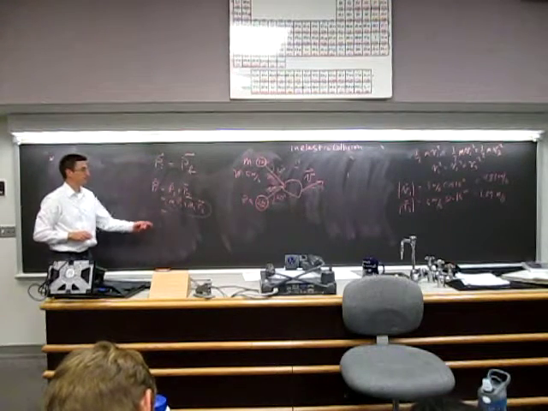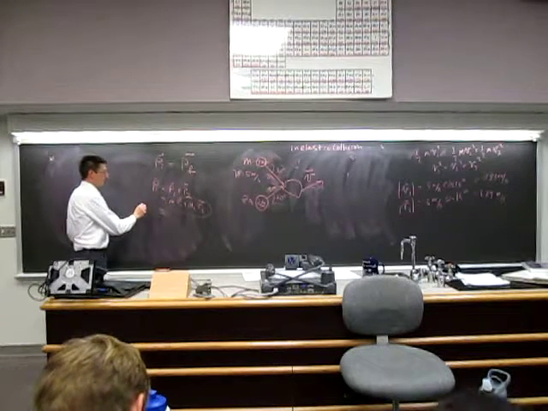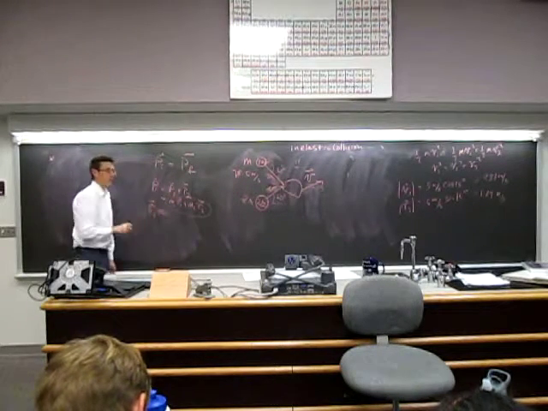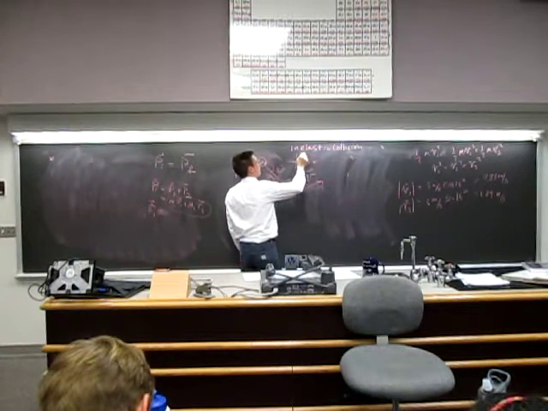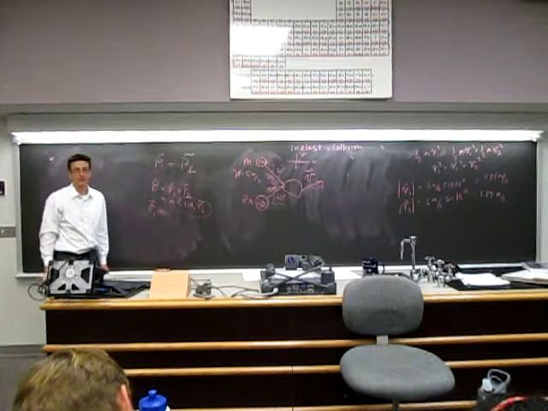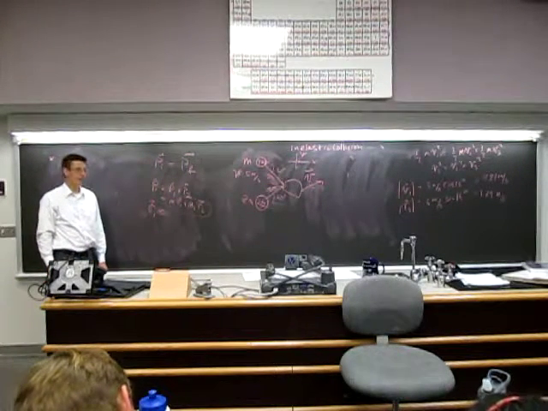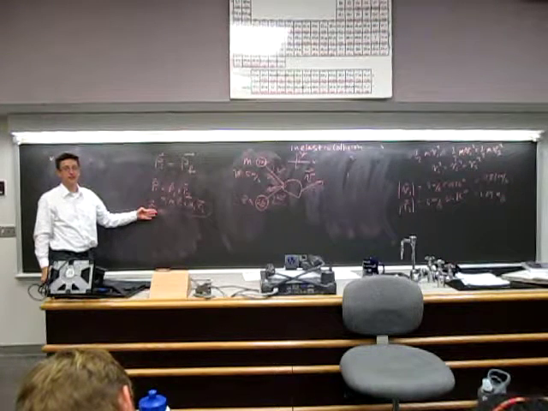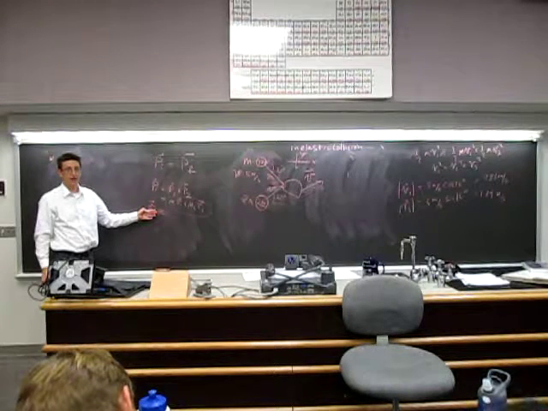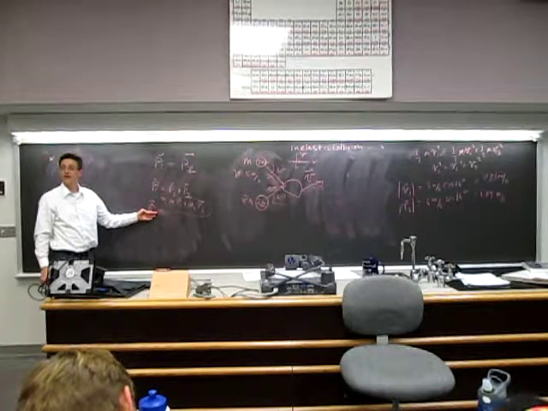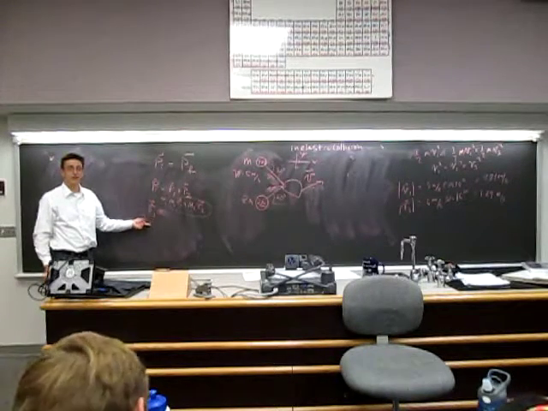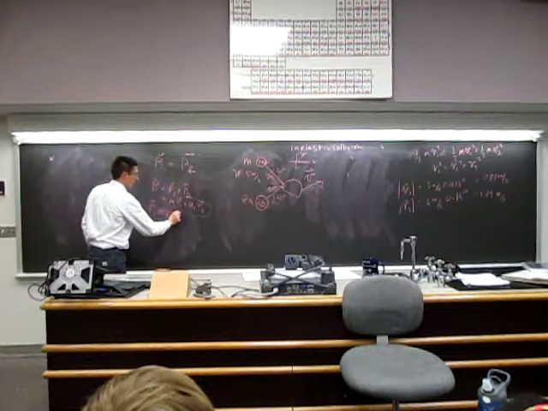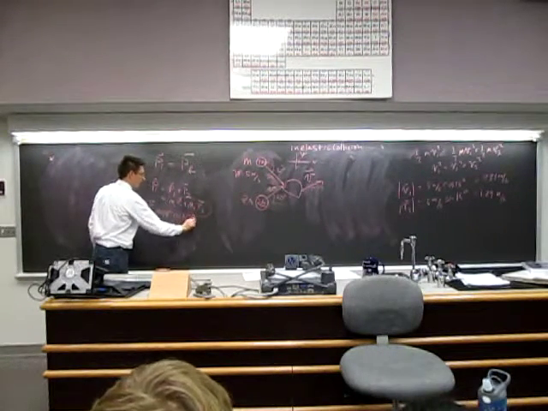So this is the initial momentum. What is V1 going to be? These are vectors, so I have to split it up into components. How much of it goes in the x direction? V cosine 30 degrees x hat, right?